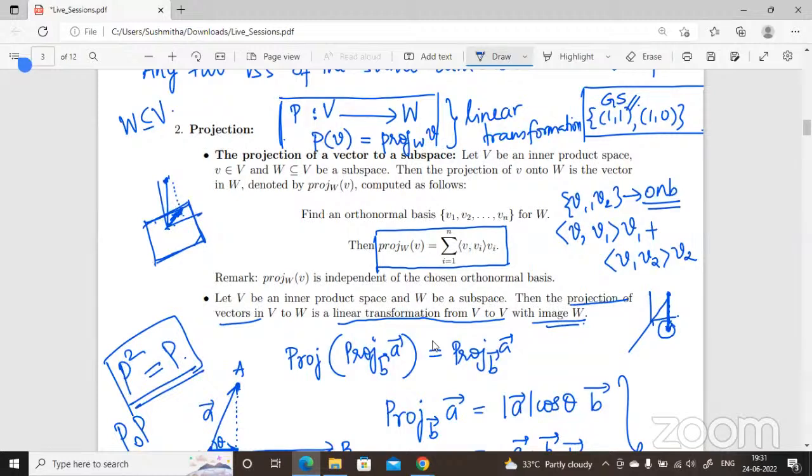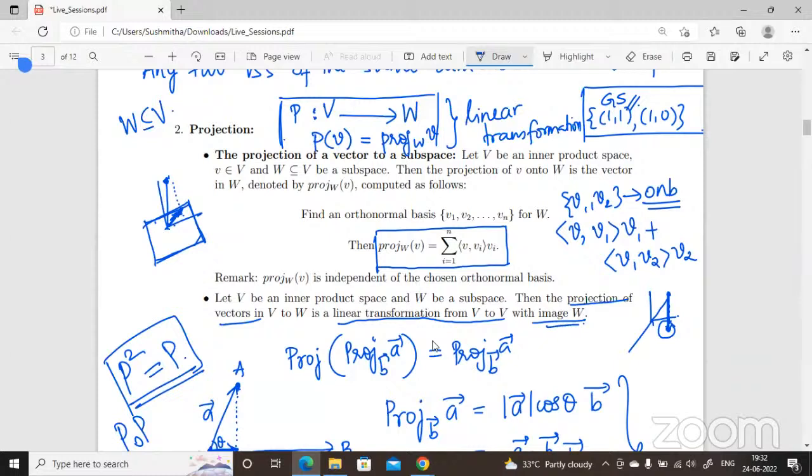This point cannot get projected to some other point under some other basis. It will always get projected to the same point. It cannot be multiple vectors for each basis.